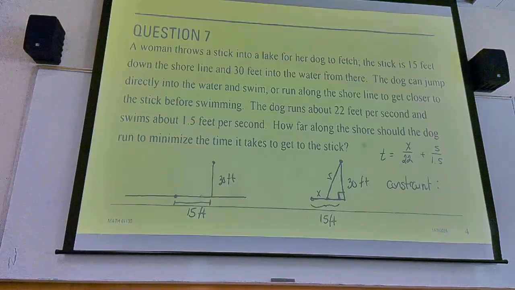The only thing I can think of is, X and S can't be above 15, 30 feet. I don't think that's going to help us. Can't they? Well, yeah, you can run past the ball if you want to. Well, that would be larger than 15. Yeah, but the point is, if it is, that's not very effective.